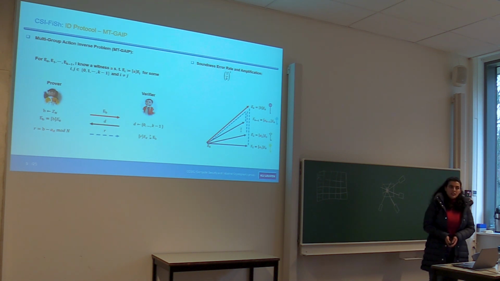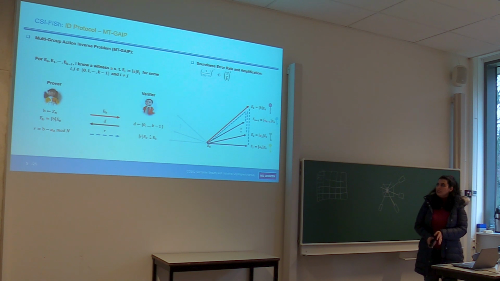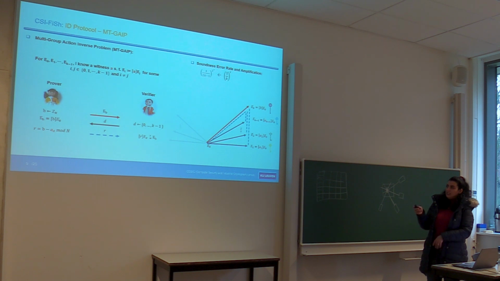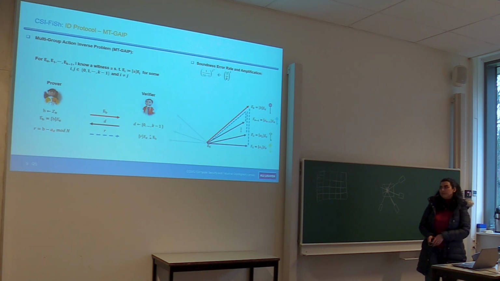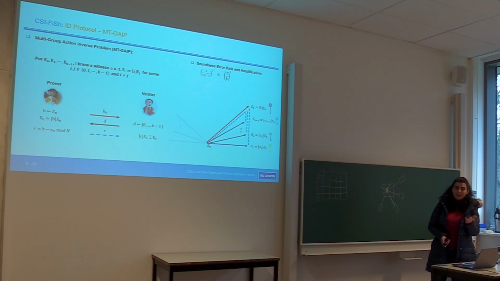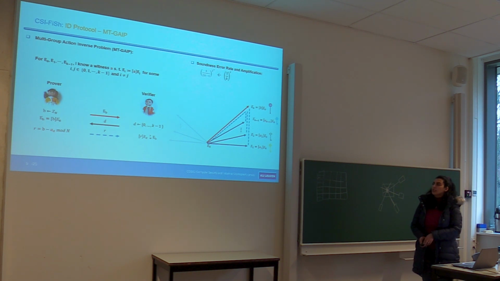And in the first slide, I said that in the symmetric case, we can also compute the negative of any of them. So with this technique, without any cost, they can achieve an even better soundness error rate by using twists. We are using the same technique. I mean, we have twists as well in CSI-SharK.